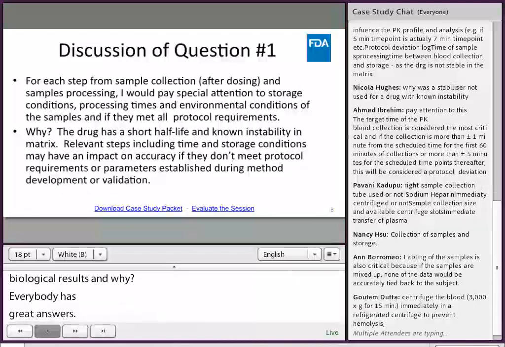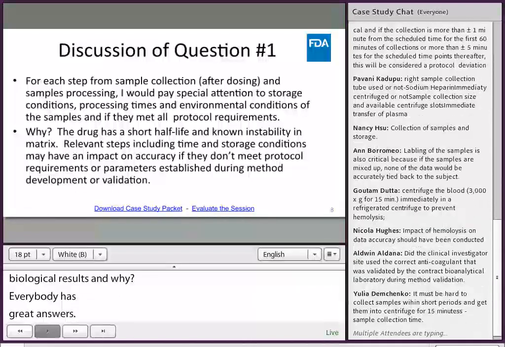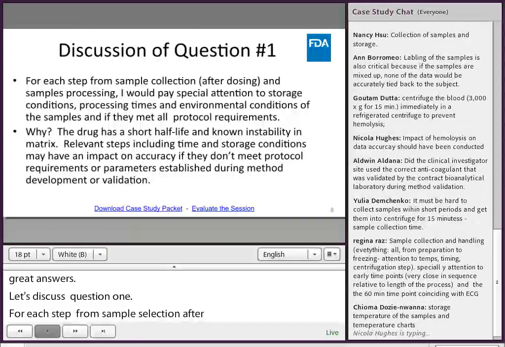Question 1. So for each step from sample collection after dosing and sample processing, I would pay special attention to storage conditions, processing times, and environmental conditions of the samples and if they all met protocol requirements.